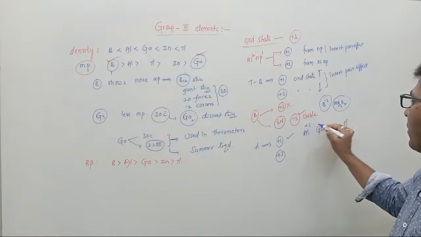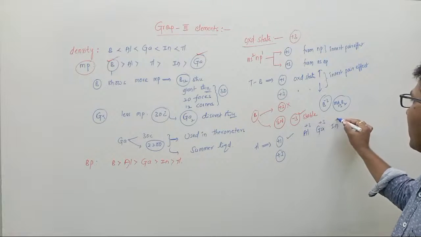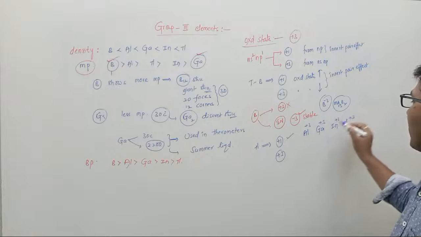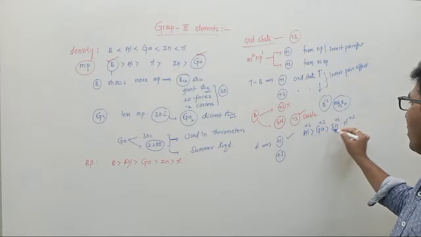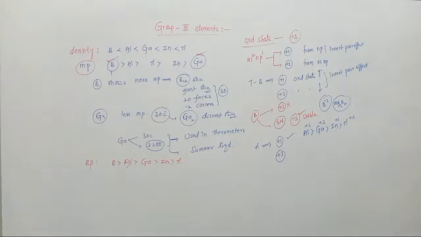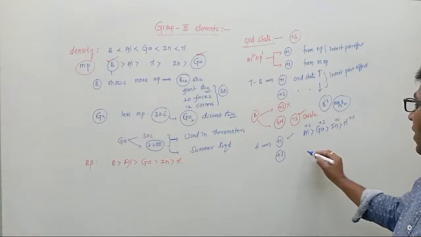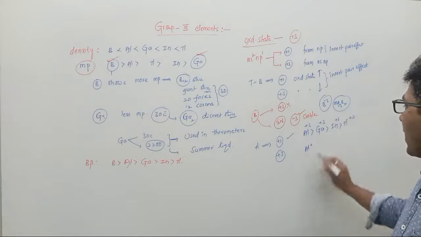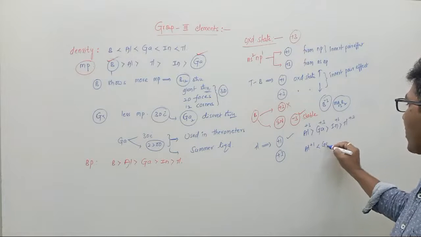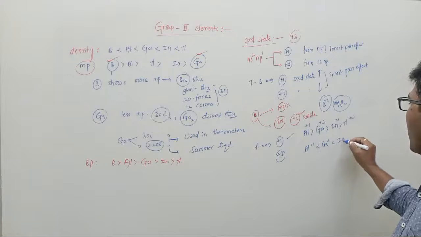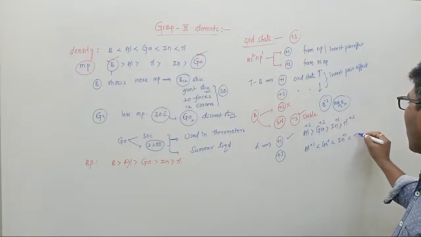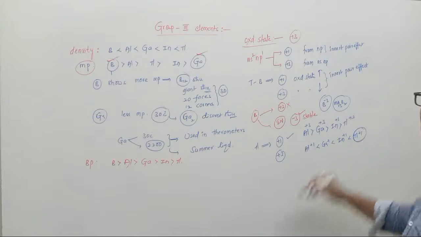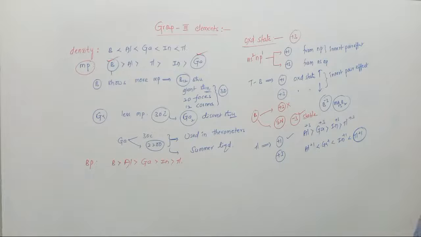Aluminium +3, gallium +3, indium +3, and thallium +3. Which is more stable? Aluminium +3 state is more stable. Next go to +1: aluminium +1, gallium +1, indium +1, thallium +1. Which is more stable? Thallium +1 is more stable.